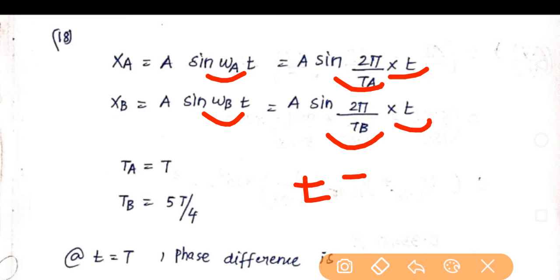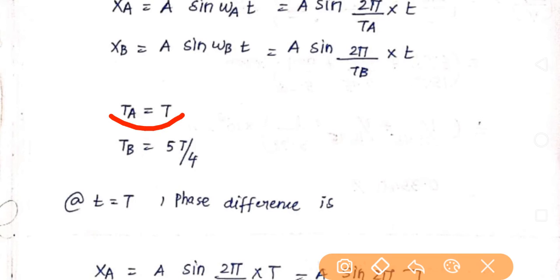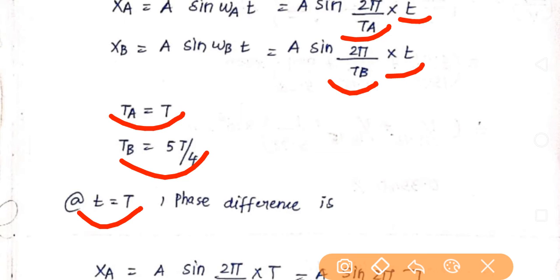What is the given time? Capital T. We have learned from that question, right? Now TA is given as capital T and TB is given as pi T by 4, and small t is given as T. How did we infer? They are given indirectly. That is, small t is equal to capital T is given indirectly in the question.